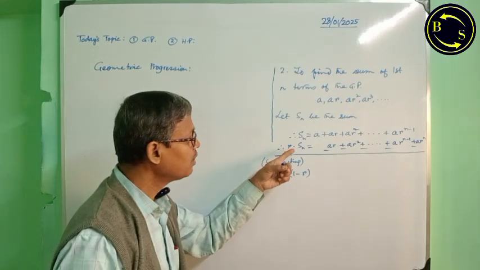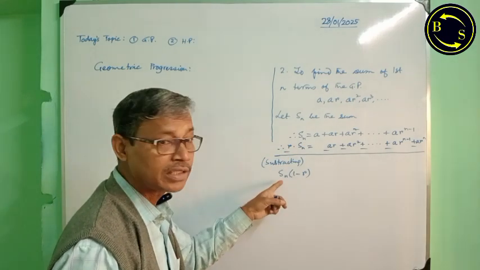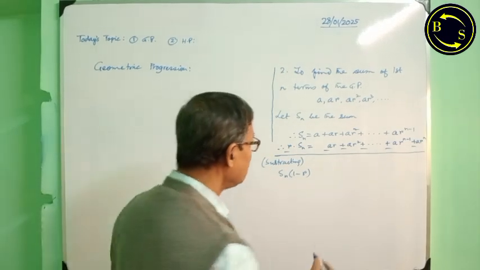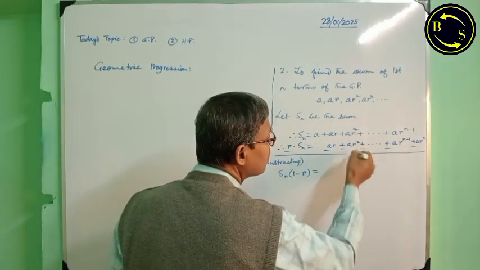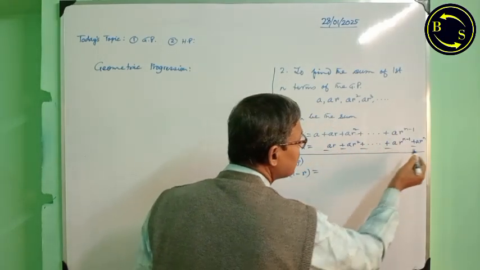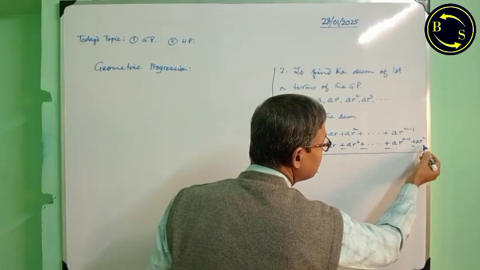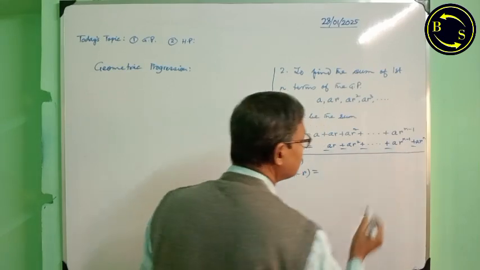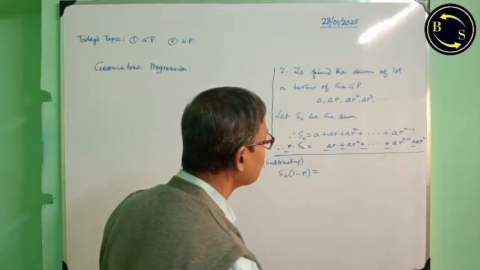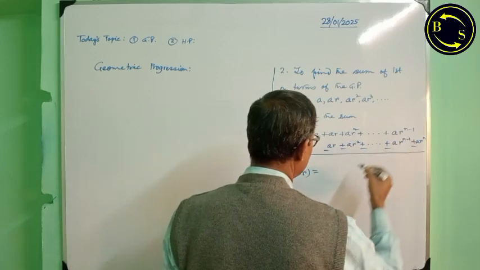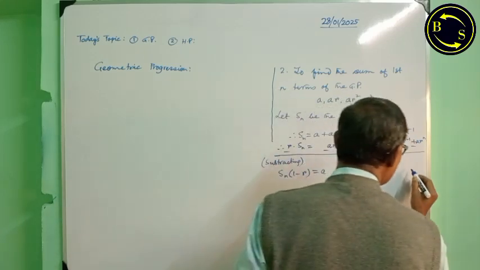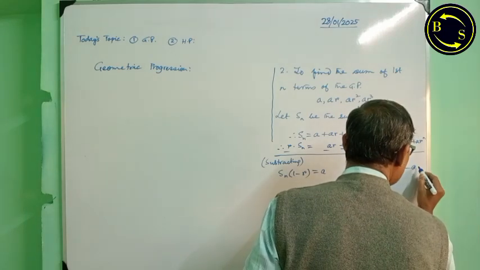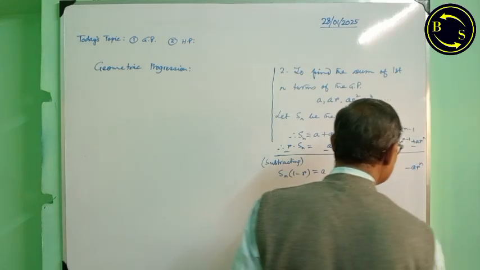Sn minus r into Sn, I have taken Sn common factor. Now on the right side, what we find, these terms within first and here nth one for the second row, all are cancelled. Therefore we get just a minus a r to the power n.